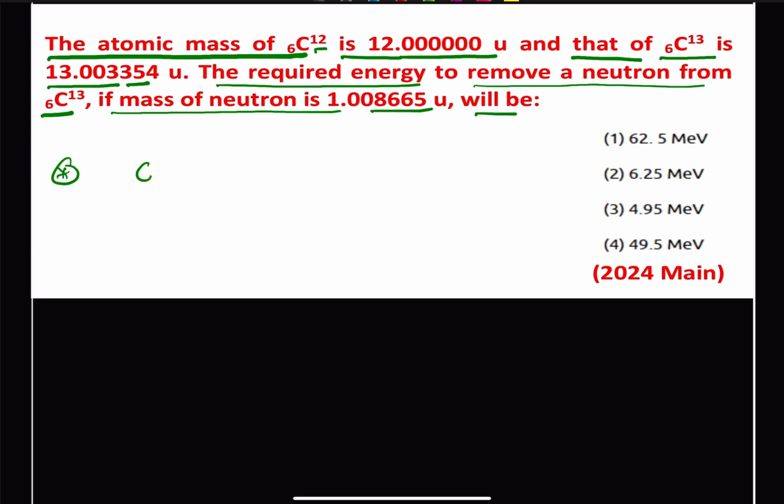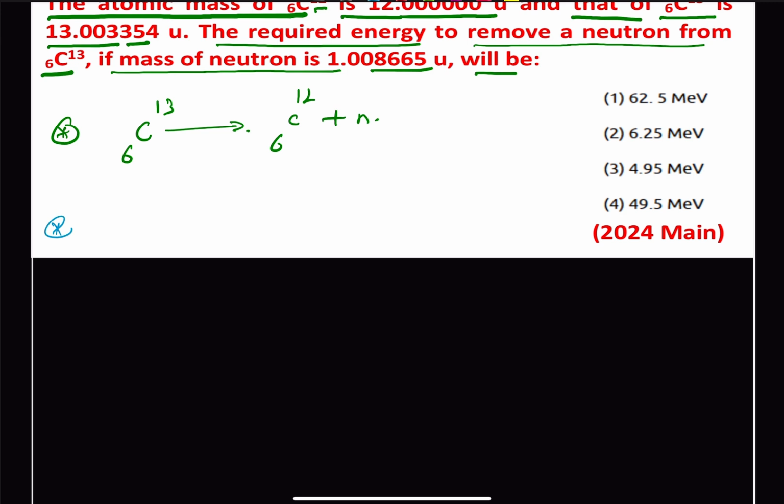we have a carbon-13 and from this carbon-13 we are going to remove one neutron, and that will be giving us carbon-12 plus one neutron. This is the basic reaction which is going to take place. Now we can easily find out the mass difference, or the mass defect.